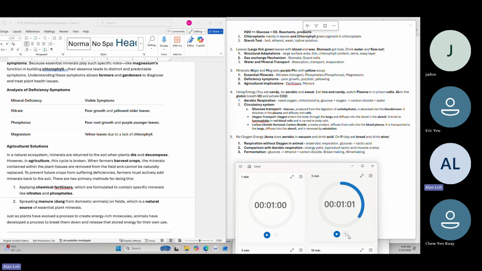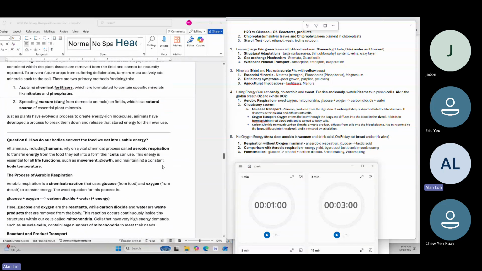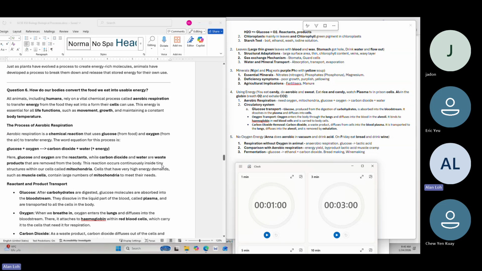Okay, done. Before we go to question 6, we have 3 more questions, then we are done for step number 4. Let me do a quick review. Do you realize something? This class that you attend with me is not the same type of class that you attend in any tuition classes or the class that you attended in your school.